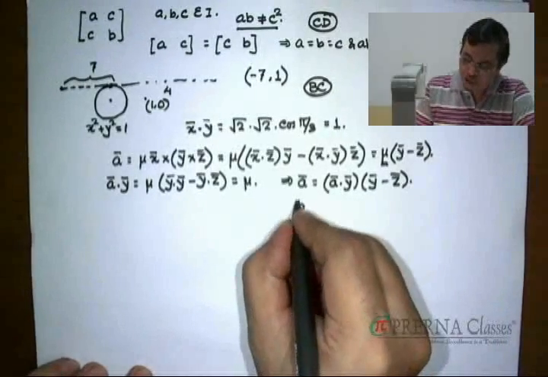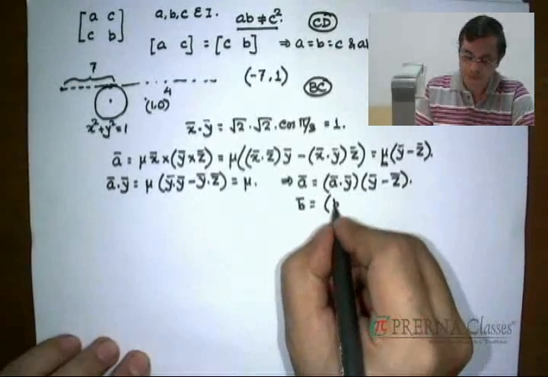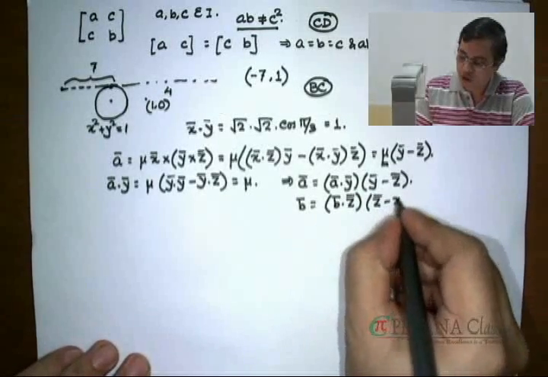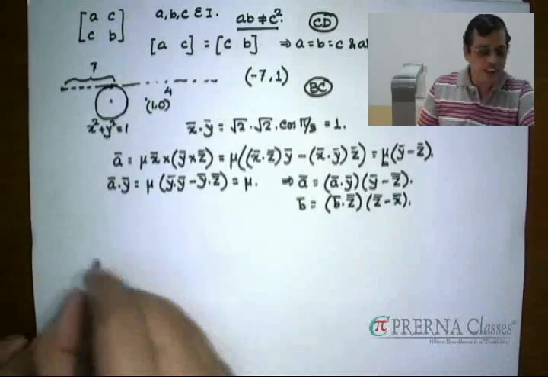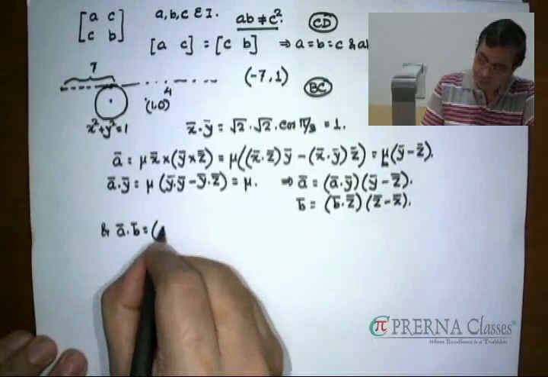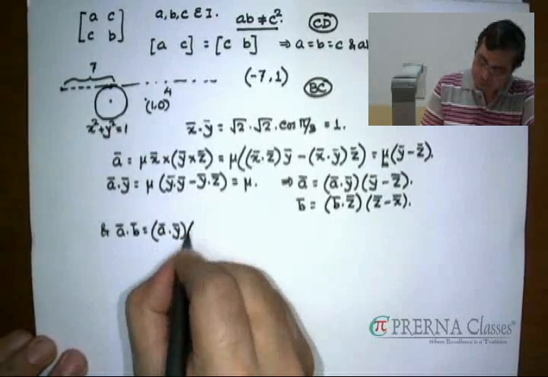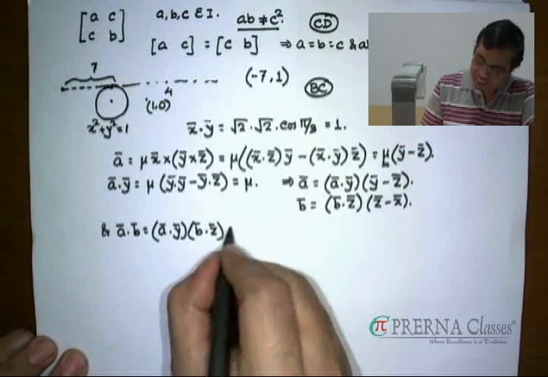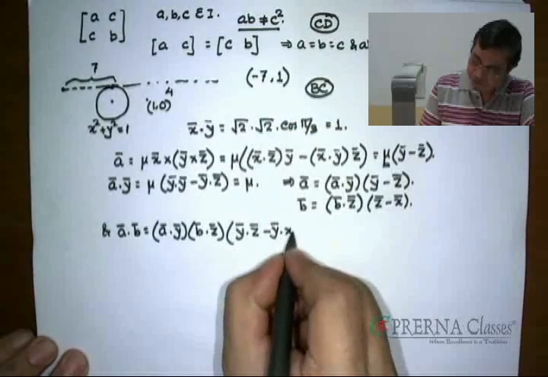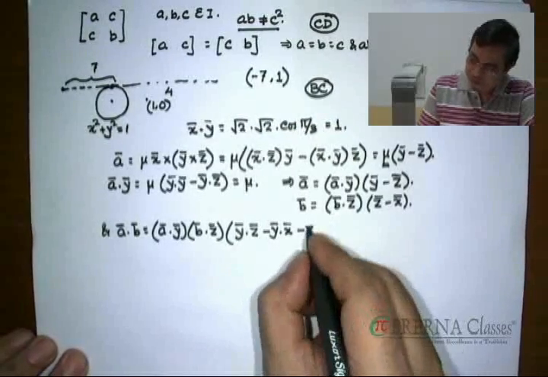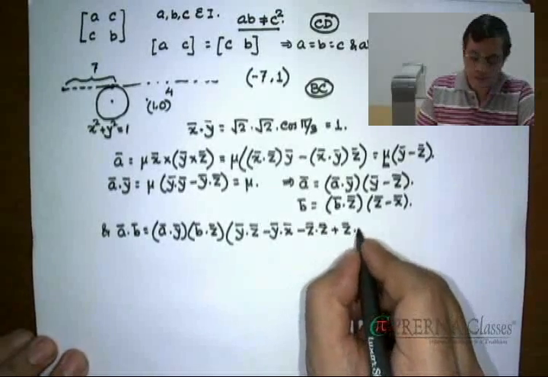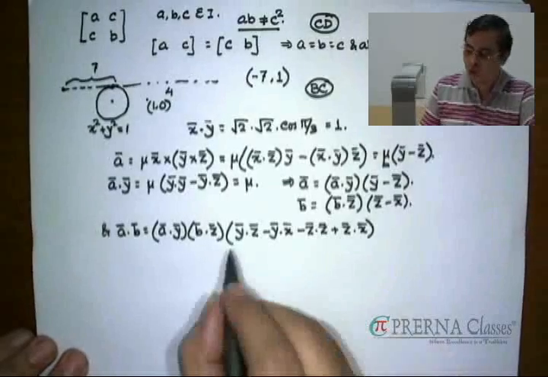By absolutely the same logic, we get that B should turn out to be this. And then if we consider A dot B, this is what we'll be having.